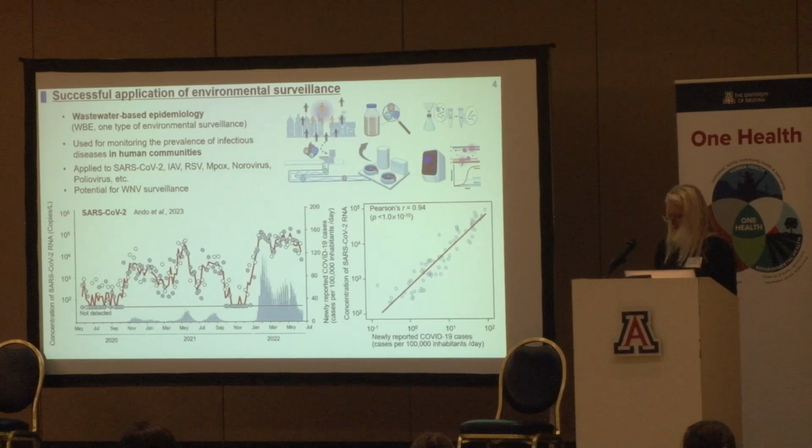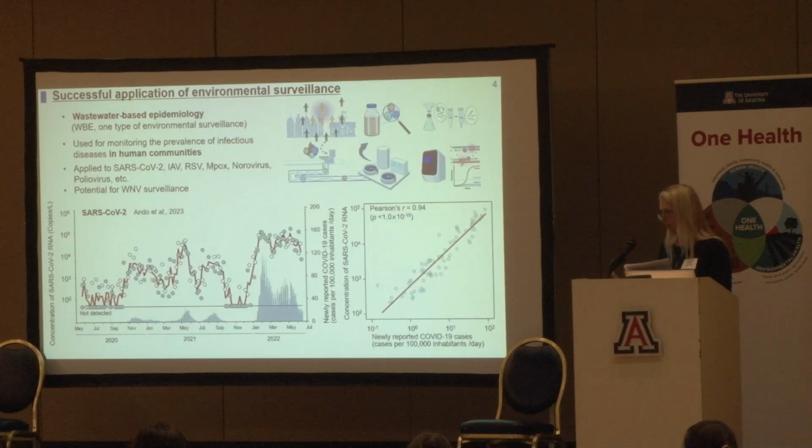Environmental surveillance has recently gained a lot of attention after the successful application of wastewater-based epidemiology in the SARS-CoV-2 pandemic. Wastewater-based epidemiology is an effective tool for environmental surveillance to understand the prevalence of an infectious disease in a human community.